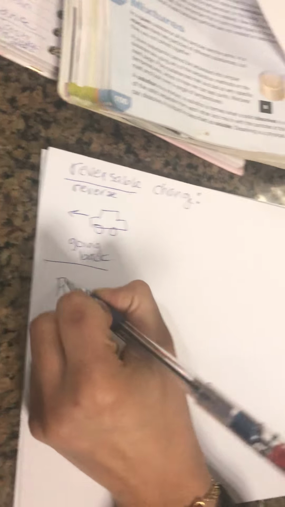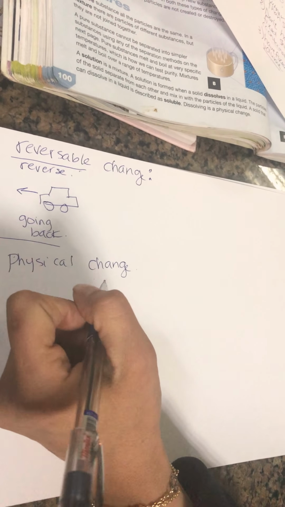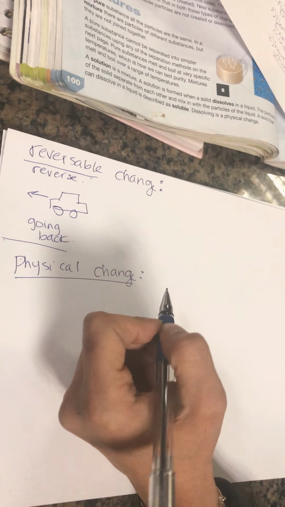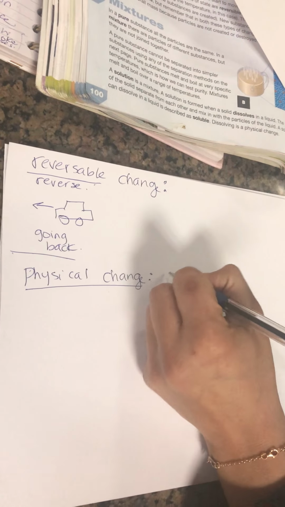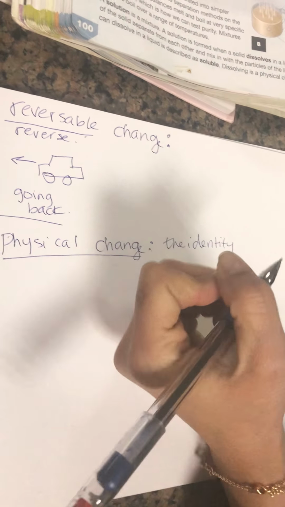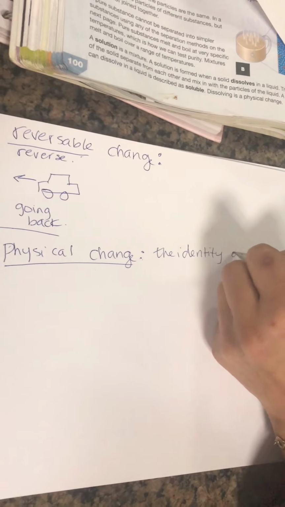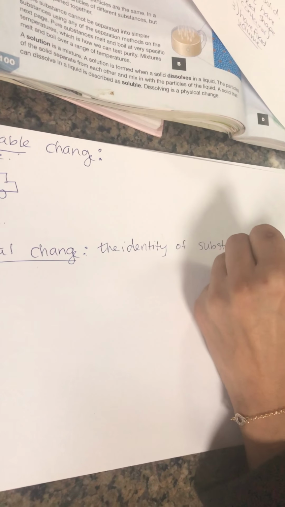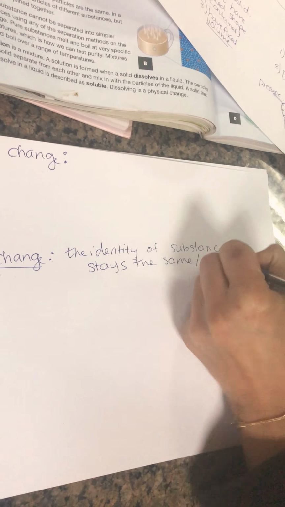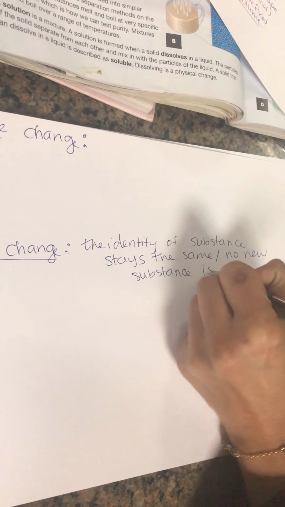The next phrase we're going to talk about is called physical change. We're going to talk more about physical and chemical change in the next lesson, but for now I'm going to give you a brief idea of what it is. Physical change is when the identity, meaning the name or the substance itself, stays the same, which means no new substance is formed.